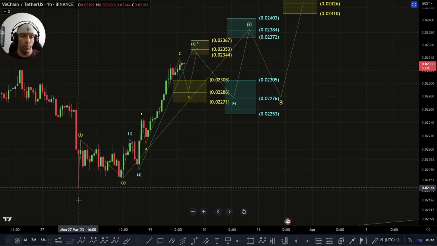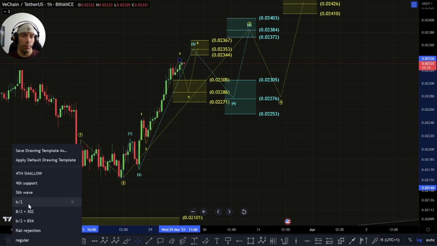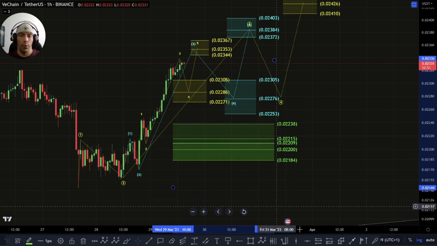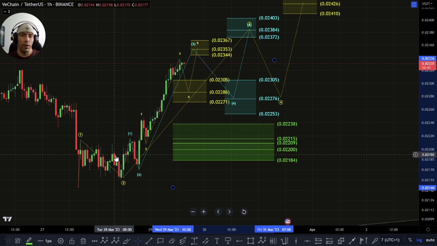If we did, however, retrace to the downside, what I would be looking at from this current zone, if we're looking at a potential support zone, we don't really want to lose this 2184. If we start to lose this 2184, it starts to become less likely that we are looking to actually progress up here. It would be very difficult to say this is a five-wave move completed here.